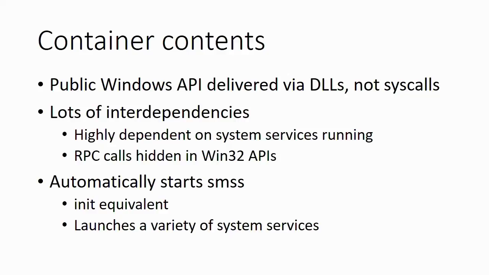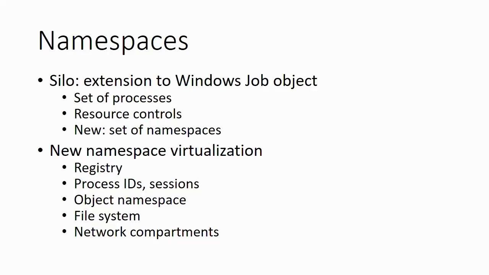And so the result is that in the Windows world, there's a core set of services that if you don't have them, not much runs. And so we've done a bunch of work to identify what the right set are, but every Windows container has a core set of services. And that then builds on top of what we call a silo. And this is, I'll show you what this looks like in a little bit.